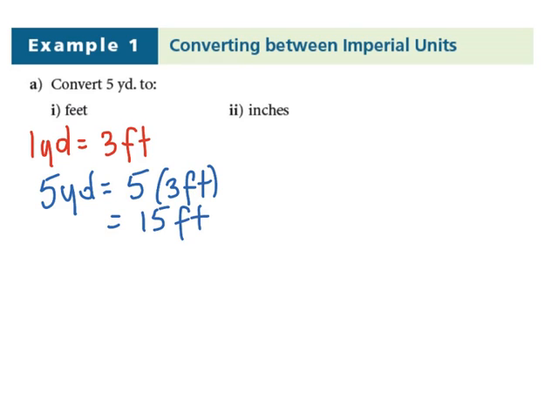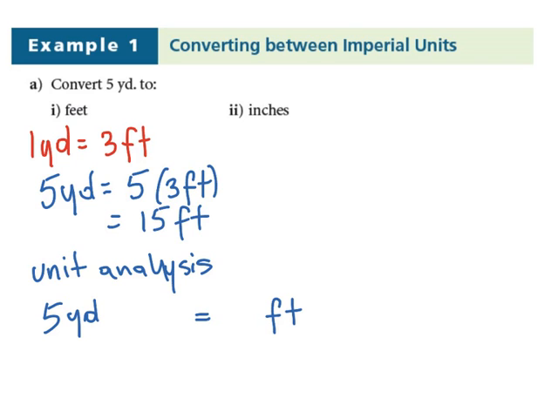Same problem can be done by unit analysis. And the way we do it is by multiplying by a specific ratio. So let's set this up. We know that we have 5 yards, and we're trying to convert this to feet. So we're looking for the answer in feet.